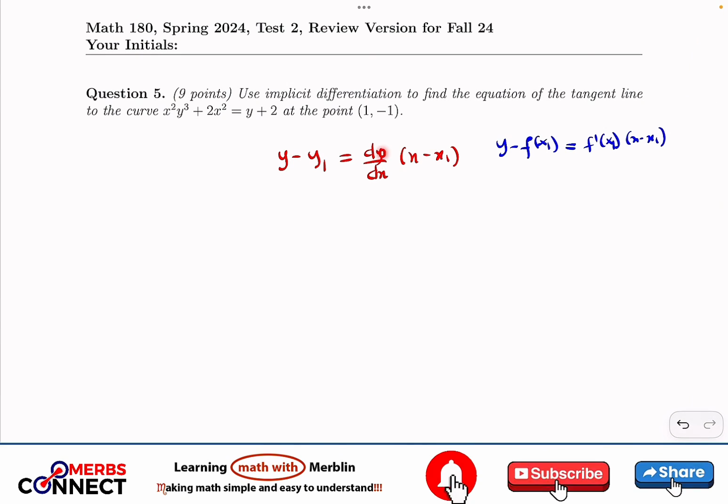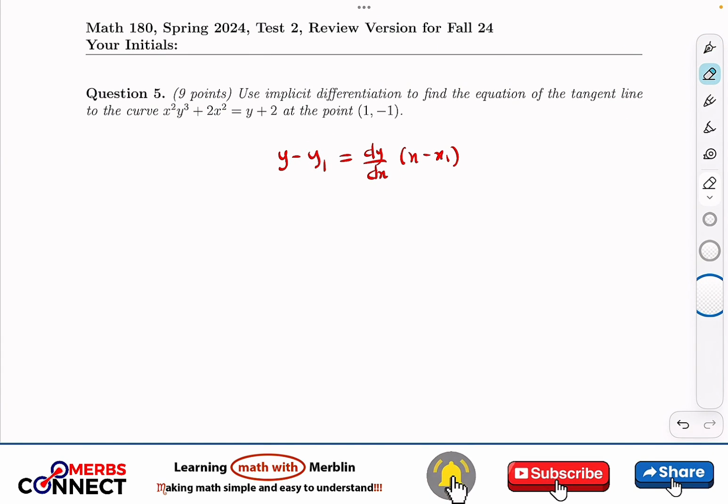So I change this one to f prime of x1 and I change this one to f1. But there's no f here, so I just need to use this. Now, as I said, anytime you are dealing with the equation of the tangent line, the point given to you, 1 and minus 1 here, is x1 and y1.